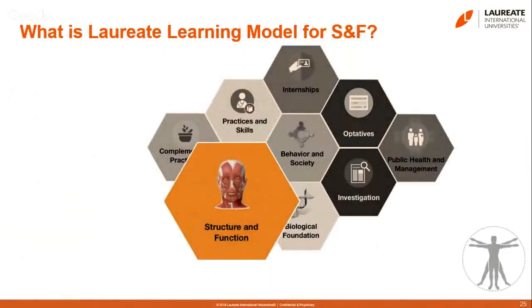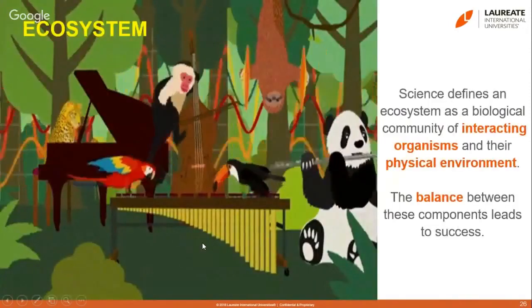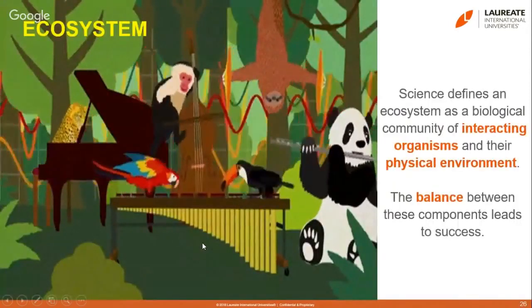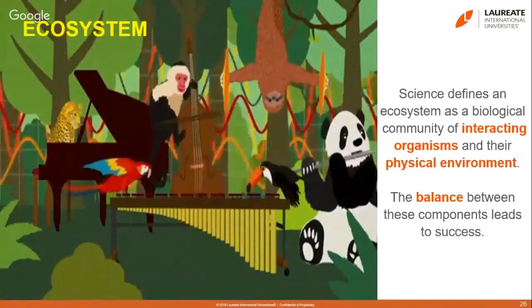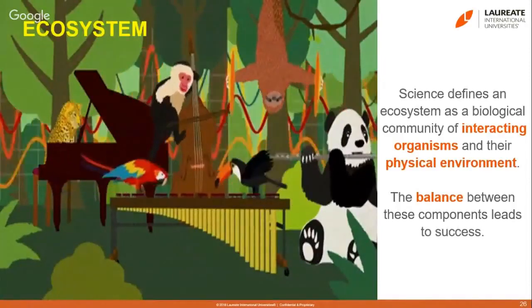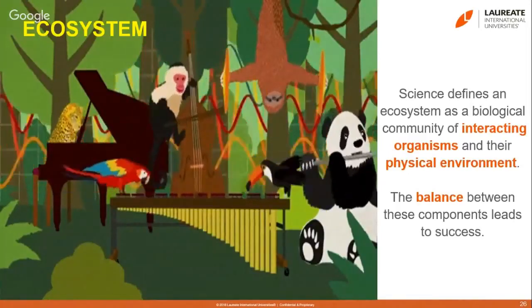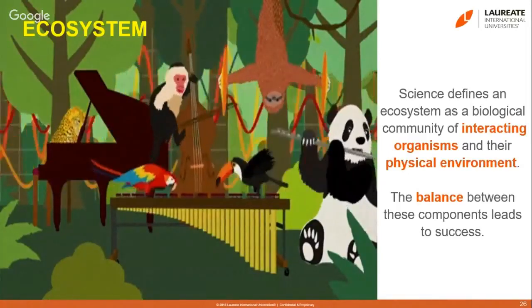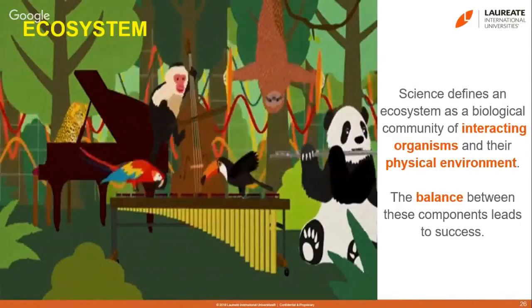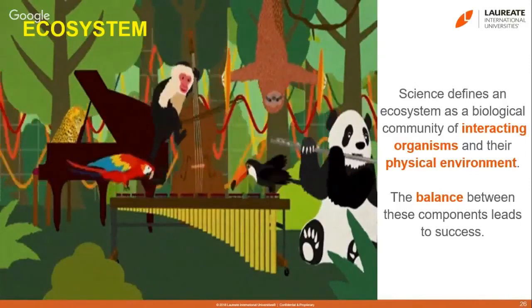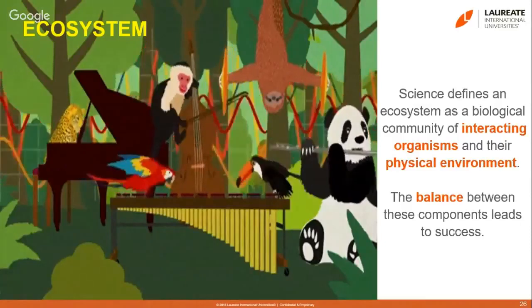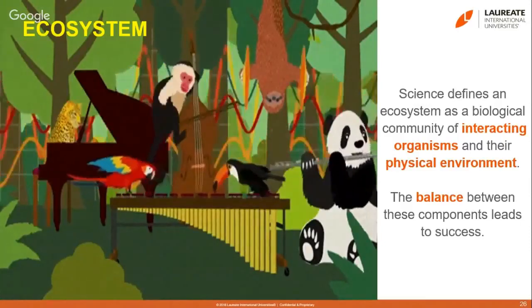So let's see in practice what the Laureate learning model is for structure and function. Oh, I like this picture. This is an ecosystem. Well, today we have been talking a lot about learning ecosystems, and to understand this, we need first to introduce you to the biological ecosystem.